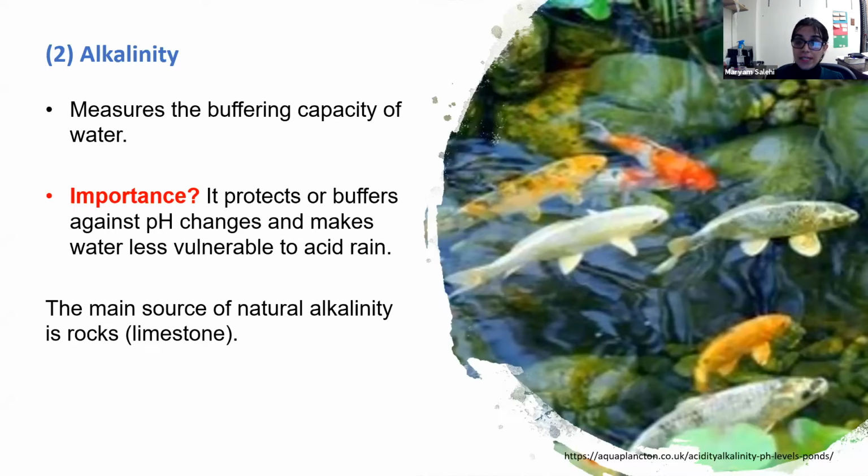If our stream or fresh water doesn't have a good level of alkalinity, it doesn't have good resistance against the acid rain. So when we have acid rain, we are going to have a significant drop in the pH, and then the pH of the stream can go below the required range of pH for the aquatic life. And then we are going to put the aquatic life in that water stream in danger. So alkalinity is a very important factor.